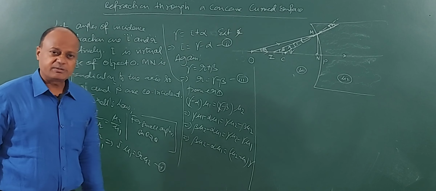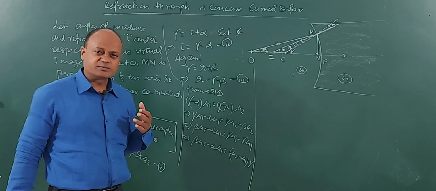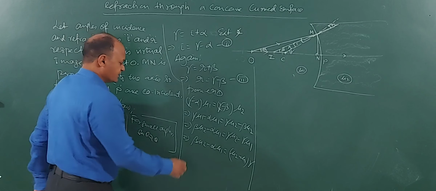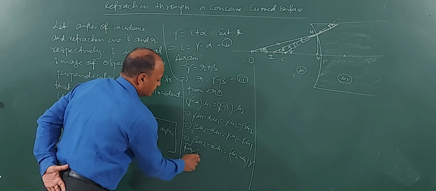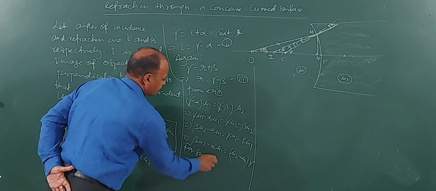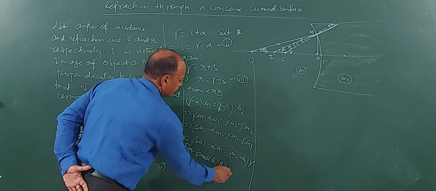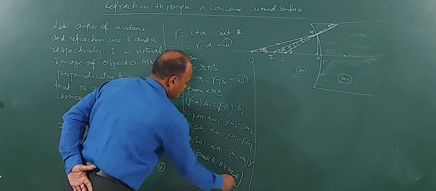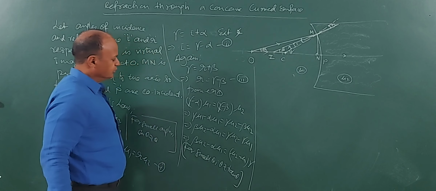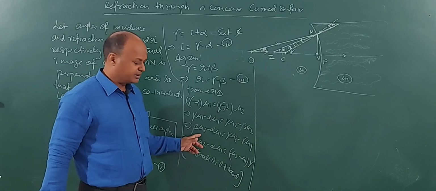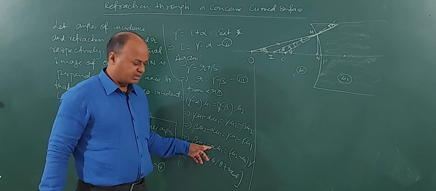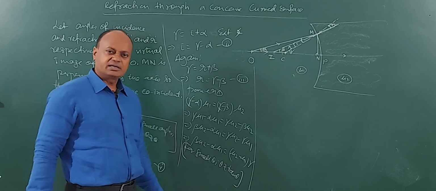And children, I am going to use the same approximation that we used before, that for small angles theta is equal to tan theta. So I will say here, for small theta, theta is nearly equal to tan theta. I am going to make use of this approximation, and then beta will be replaced by what? Tan beta, alpha will be replaced by tan alpha, and gamma will be replaced by tan gamma.